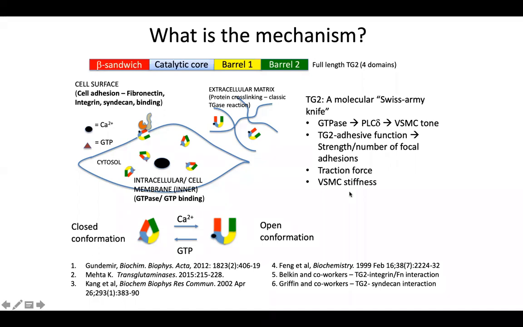It can act as a GTPase by binding to GTP, which keeps it in the closed conformation. It can also, through the beta sandwich region, bind to fibronectin, integrins, and syndecans and promote cell adhesion. In so doing, it can change the traction forces developed by the smooth muscle cells and the inherent stiffness of the smooth muscle cells themselves.